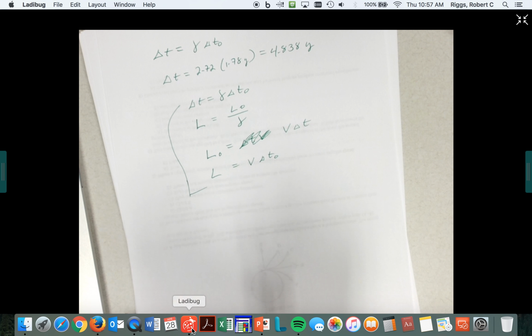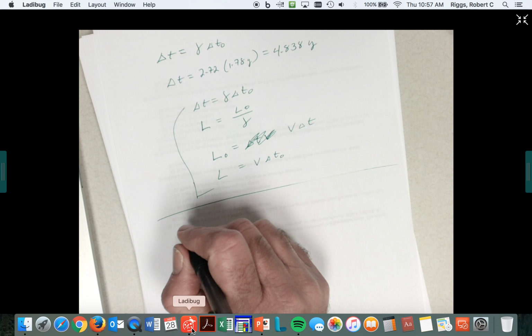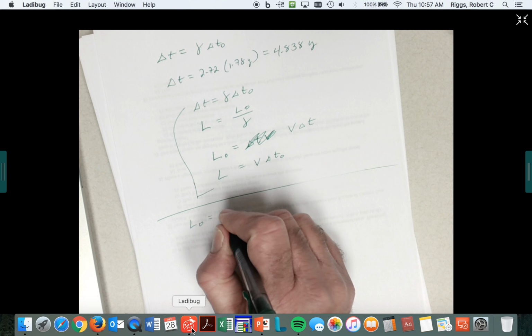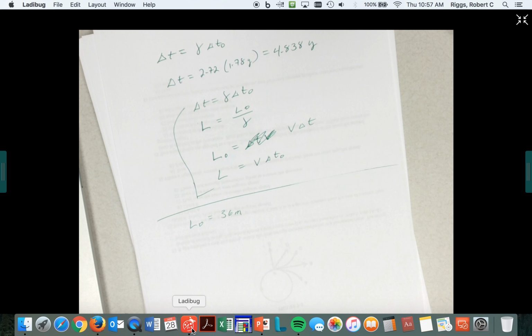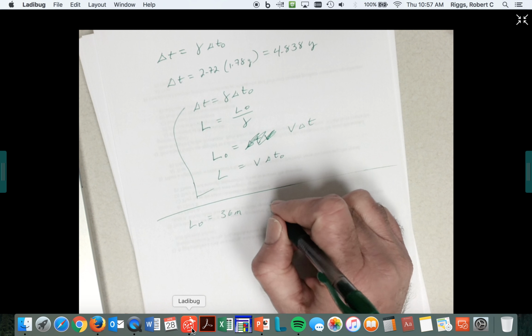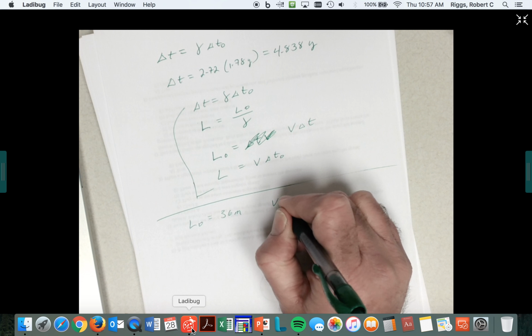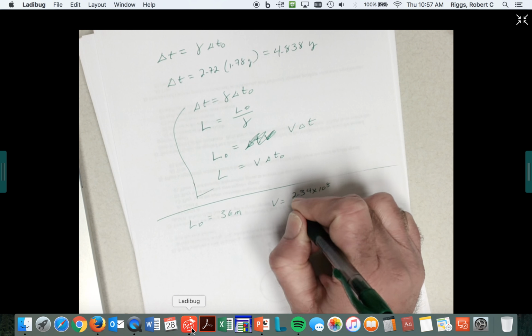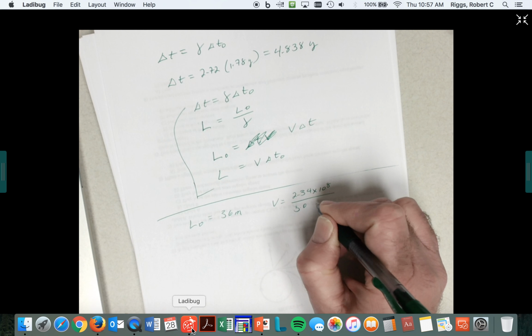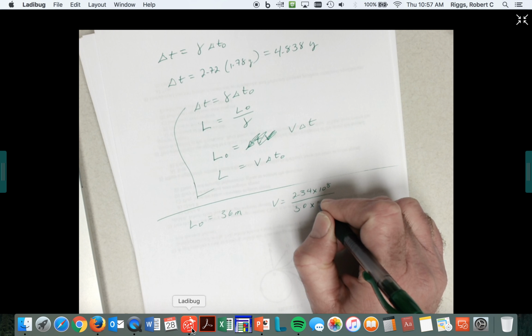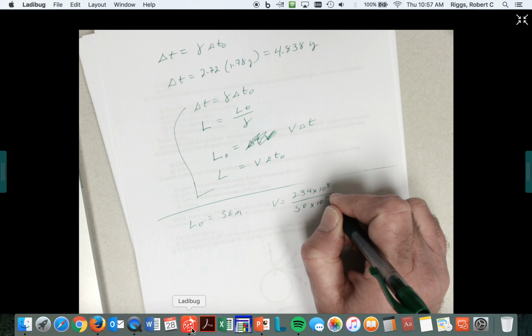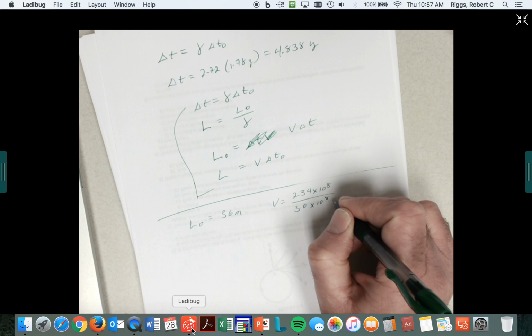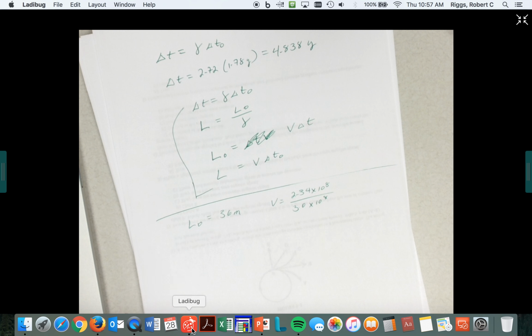The first thing we need to do is write down the information we know. L naught is 36 meters. And the speed was 2.34 times 10 to the 8th divided by 3.0 times 10 to the 8th meters per second for the speed of light.